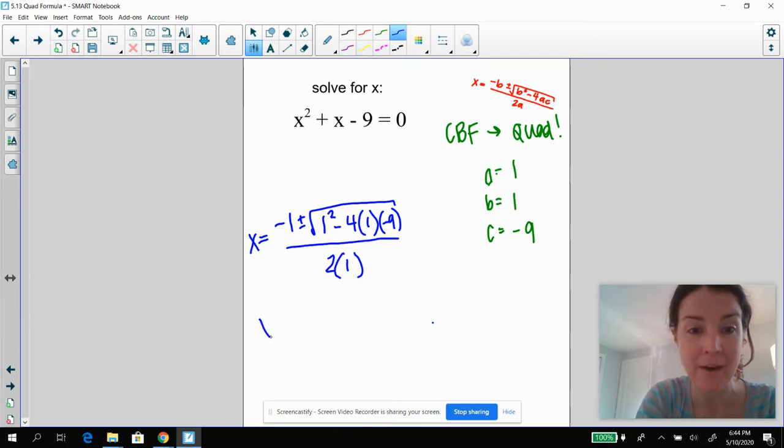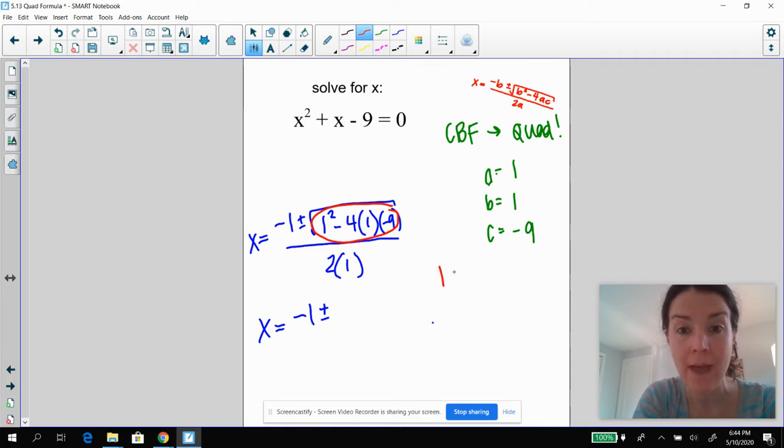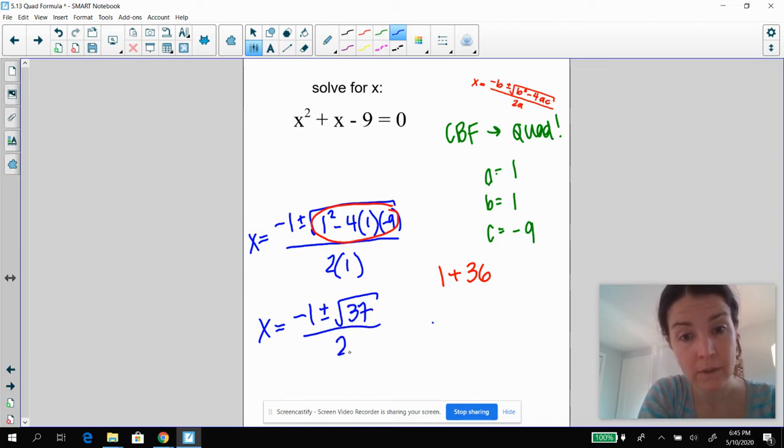If we simplify this out, we get x equals, we still have that -1, plus or minus, and up here, we get 1 squared, which is 1, and then minus 4 times 1 is 4, times -9 is -36. But if it's minus a -36, it becomes plus 36. So we wind up getting, under the square root, the number 37, and then over 2.